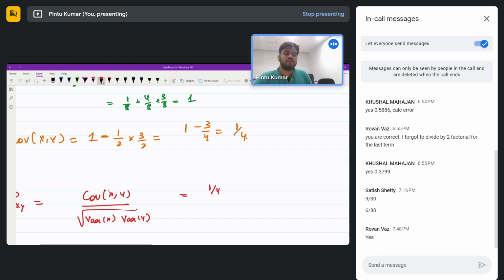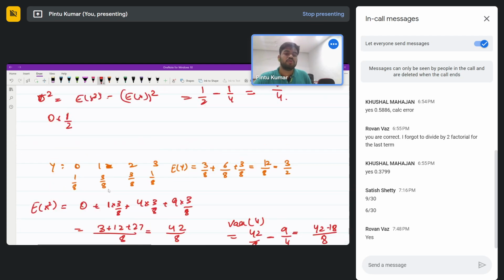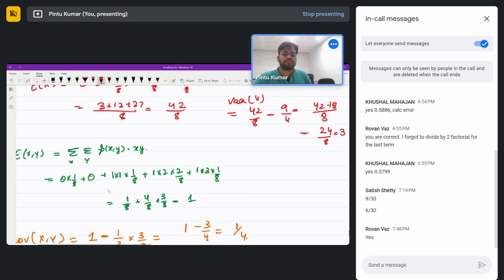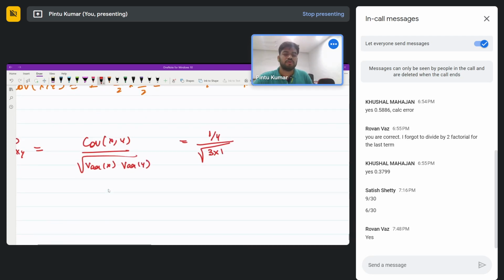This is 1 by 4 divided by square root of 3 by 4, right? So this is 1 by 4 divided by square root of 3 by 2, which is 1 by 2 divided by square root of 3.